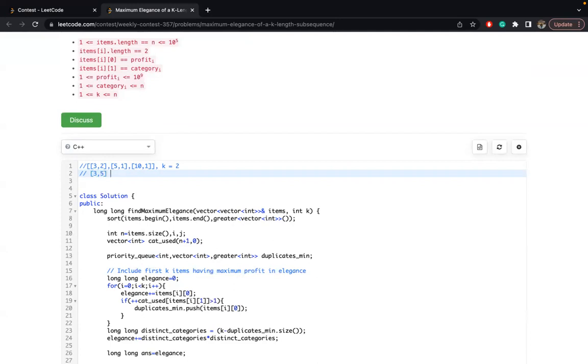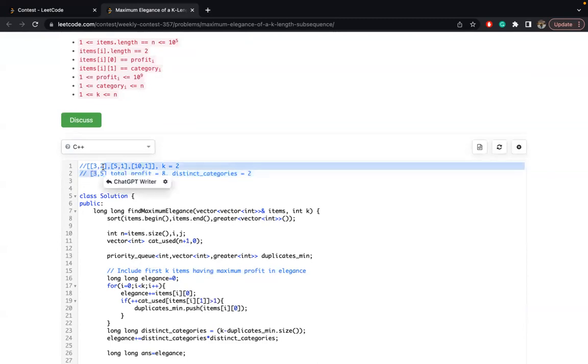Total profit is 8, right? And distinct categories: 2. Why? 3 belongs to category 2 and 5 belongs to category 1. So these two categories are not the same, so there are two distinct categories.